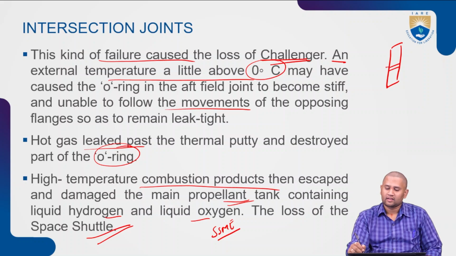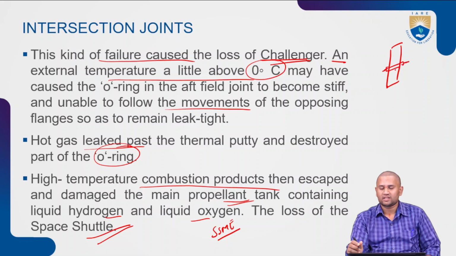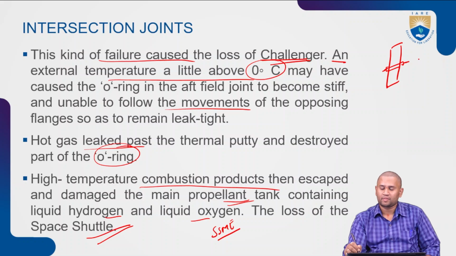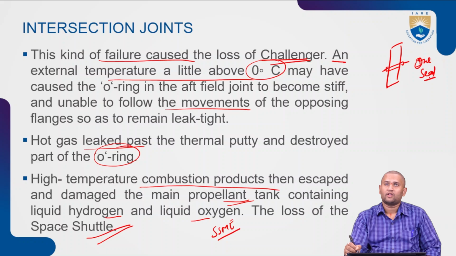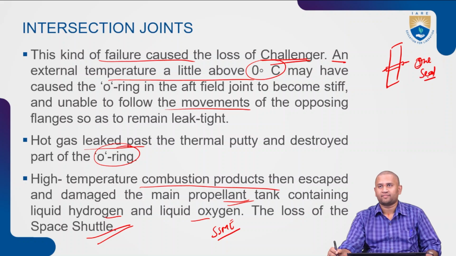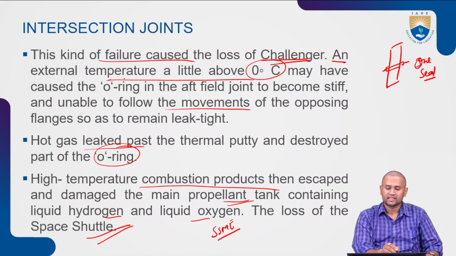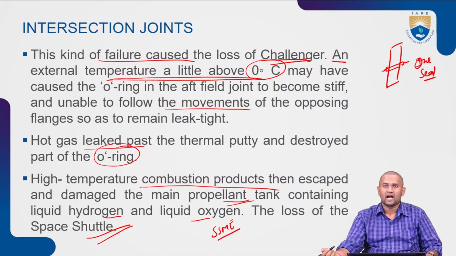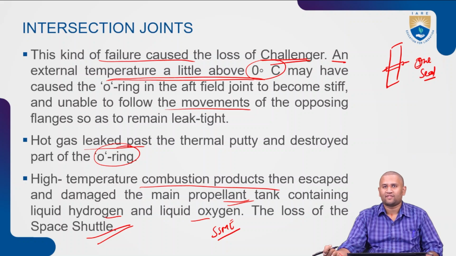They failed with respect to their seal, because before this incident they had only one o-ring seal. The external temperature was a little above 0 degrees, which may have caused the o-ring to be stiff and unable to follow the movements, so the seal failed to remain leak tight.